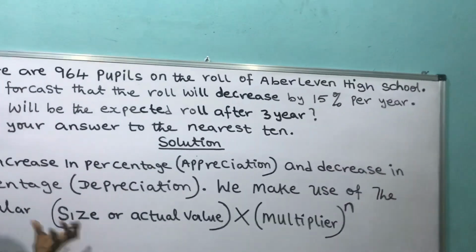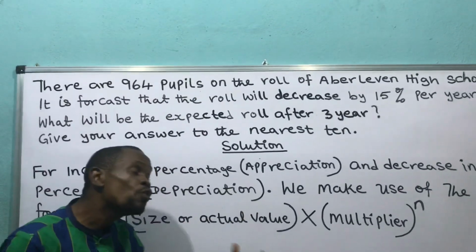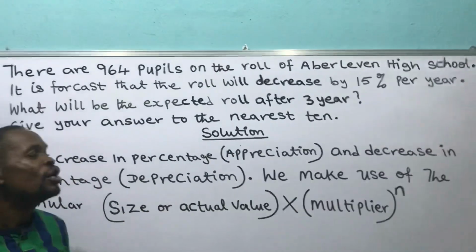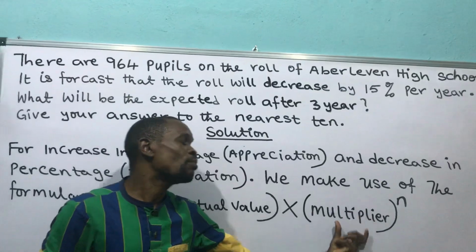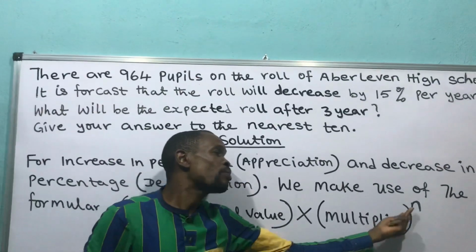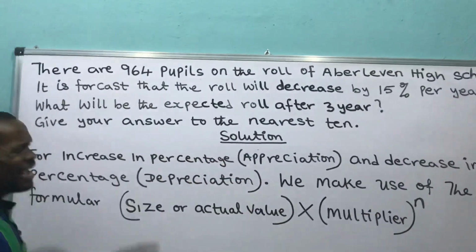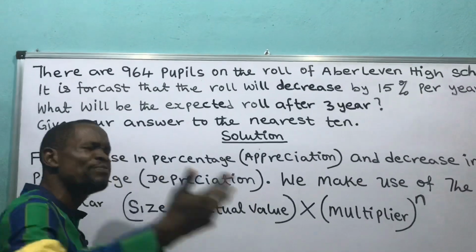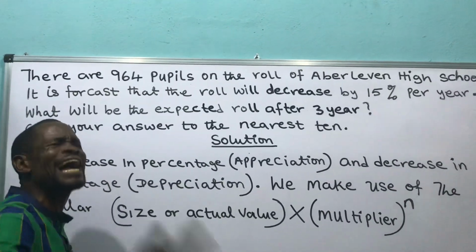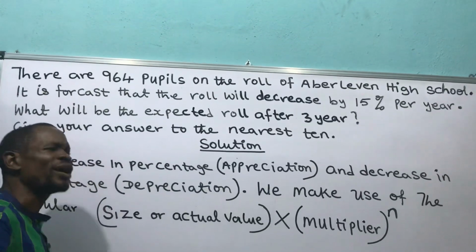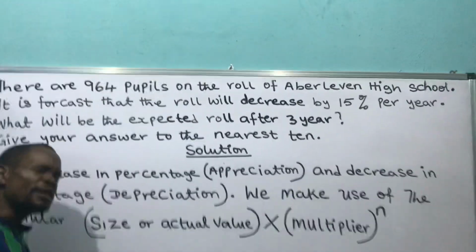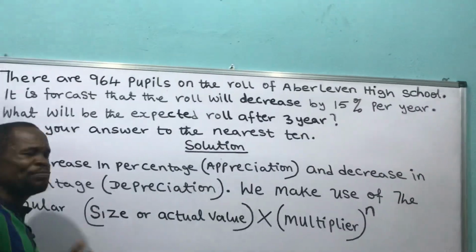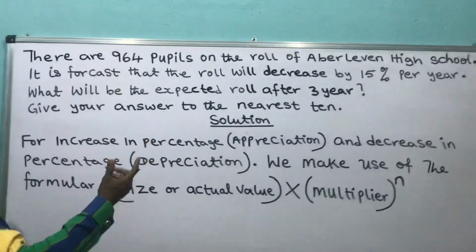The size or actual value we want to get is the increase or depreciation, and n is the number of years, the time of appreciation or depreciation. So let's go to the question.